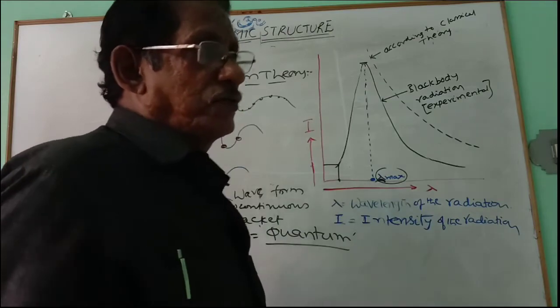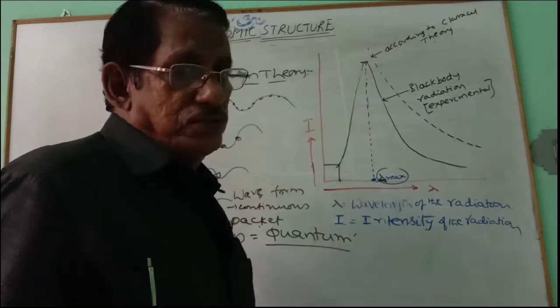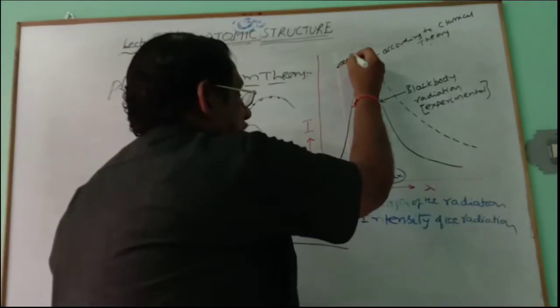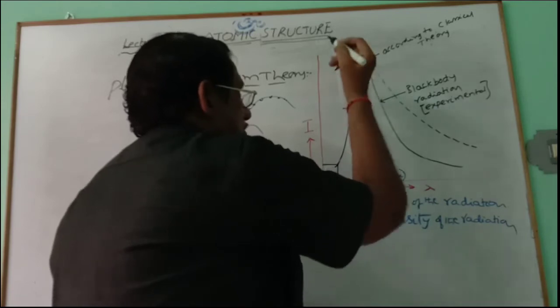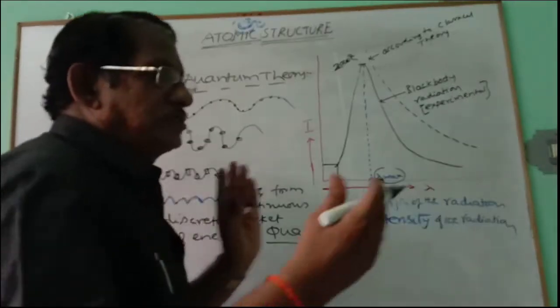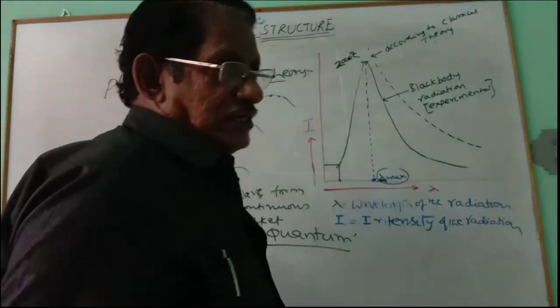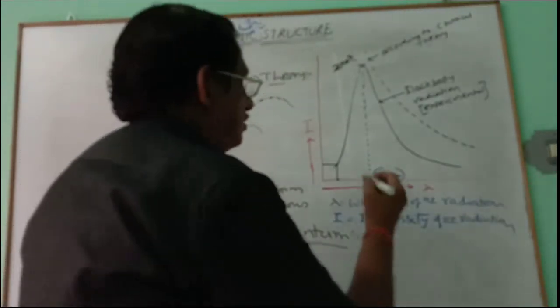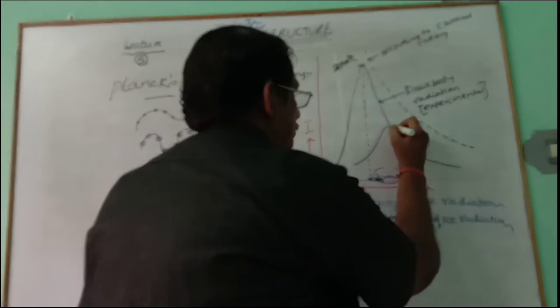And here you have to note one point. This lambda maximum value depends upon the temperature. Suppose this is the lambda maximum value obtained at 2000 degrees centigrade. If you take another temperature, suppose the black body is heated up to 1000 degrees centigrade, then the lambda maximum value will be shifted to a higher wavelength like this.